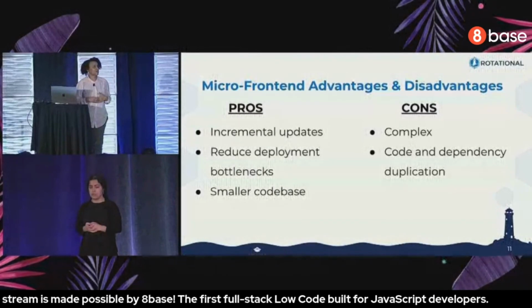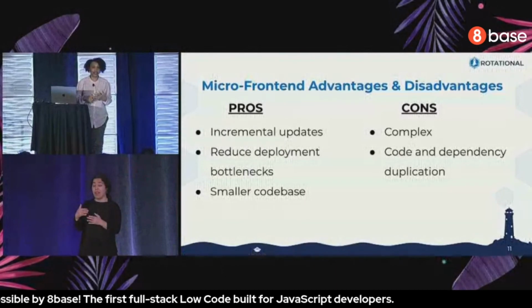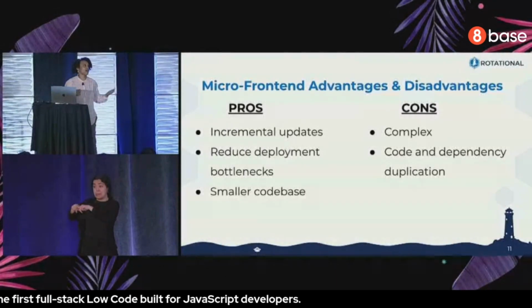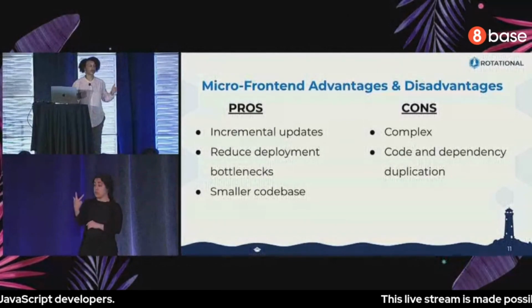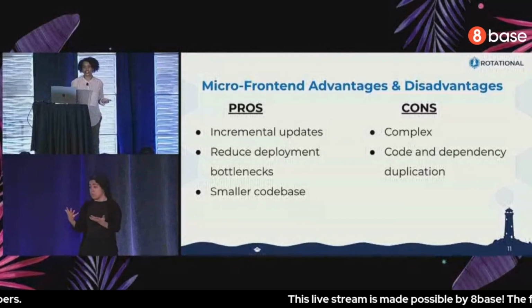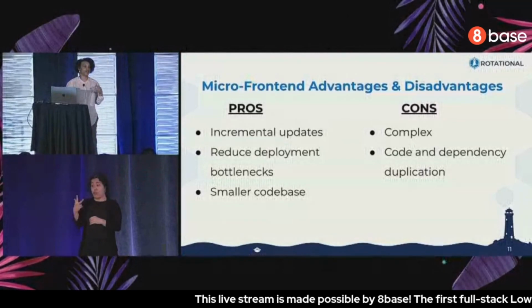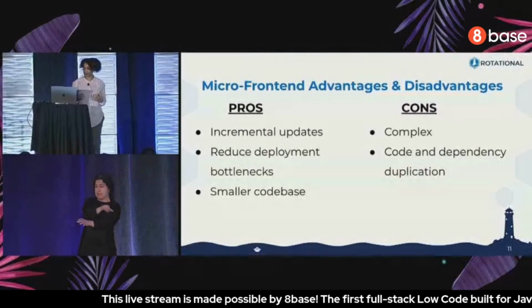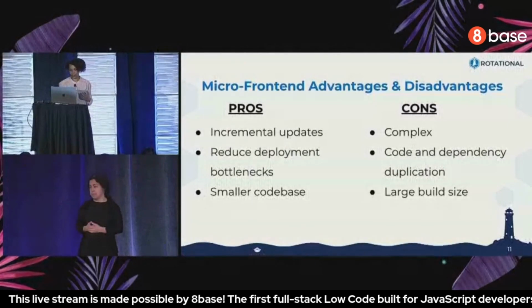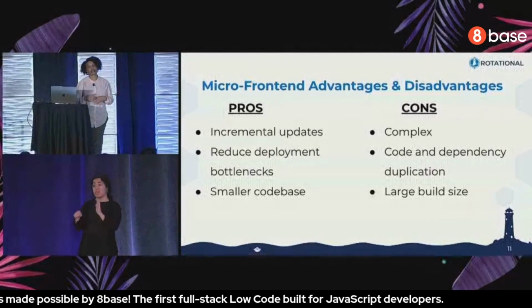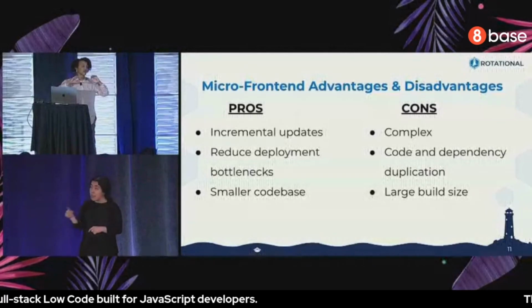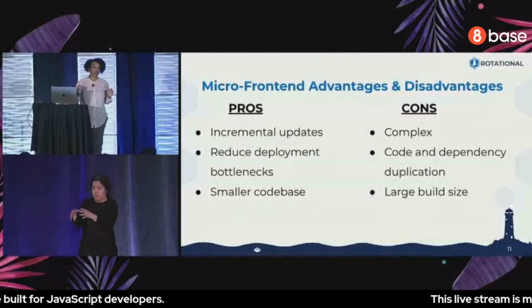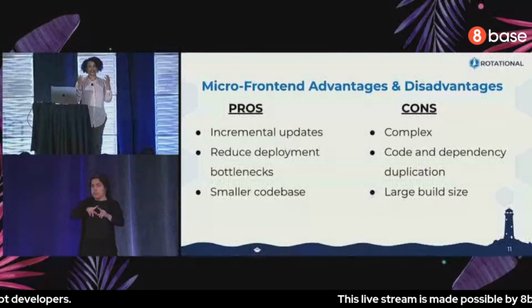Also, you can have duplicated code and dependencies. In my example, there were three apps. And there's a great chance that those three apps are going to use very similar dependencies. And then a large build size, because if you have 3 apps, 4 apps, 5, and they all have their own dependencies, then they're all going to have their own individual build size.